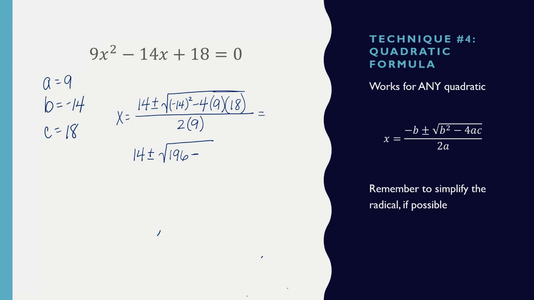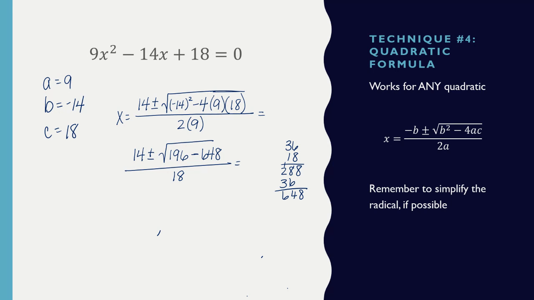And I'm going to get my answer, whatever that might be. It helps if you have a calculator. I don't have one handy right now, so I'm going to multiply this by hand. And I get 648. All over 2 times 9, which is 18.